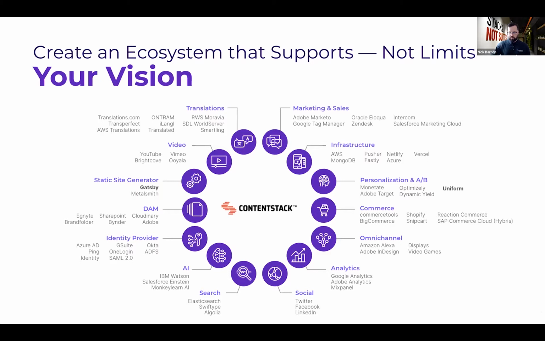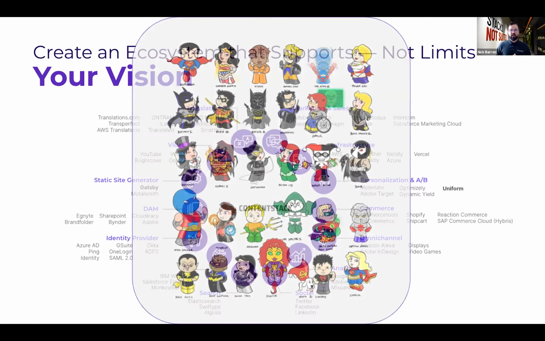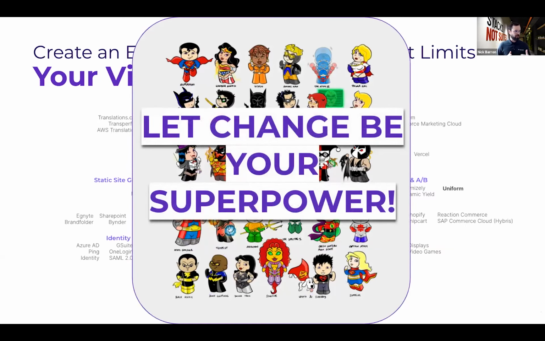The big value here is that we let change become our superpower. Instead of worrying about how we're going to architect everything from the beginning, we use platforms like Contentstack that allow us to plug in and plug out different tools and technologies along the way, which gives us a lot more freedom and capabilities.